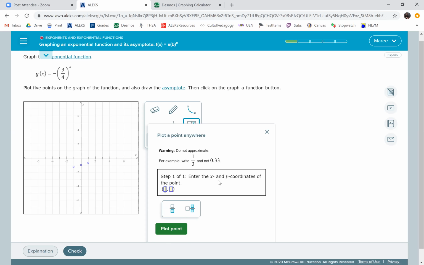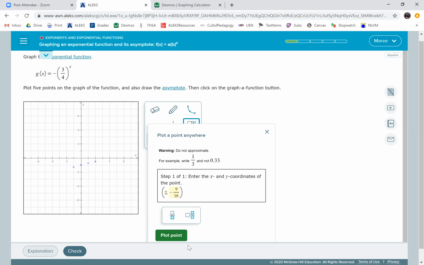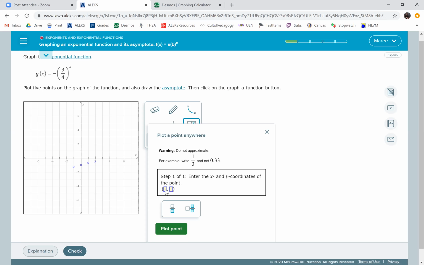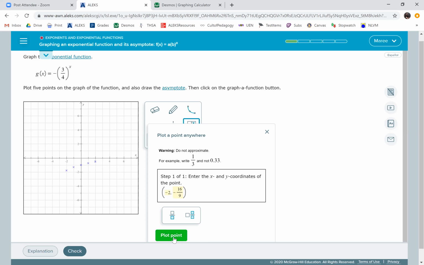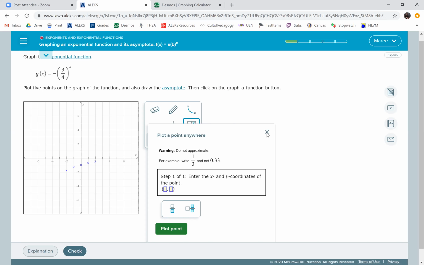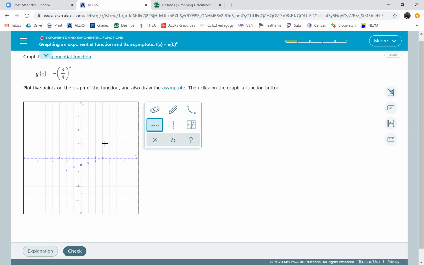Then we'll square, so when x is 2, we're going to have a -9/16, since 4 squared is 16. And when x is -2, we're going to have -16/9. Oh yeah, we need an asymptote too, don't we? So y will never be 0. We already know that. Or g of x will never be 0. And then plot that, and we're good to go.